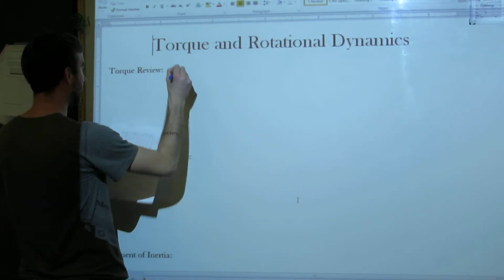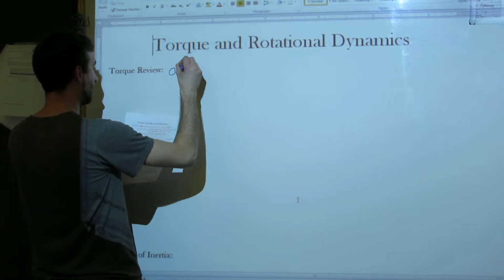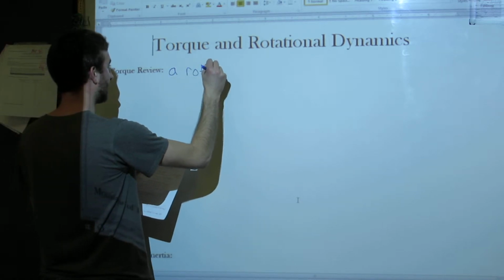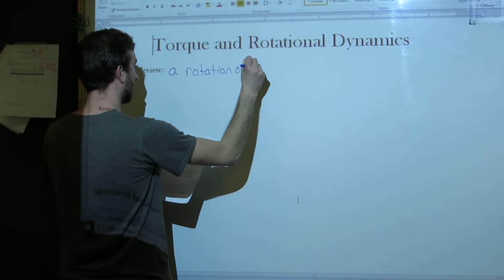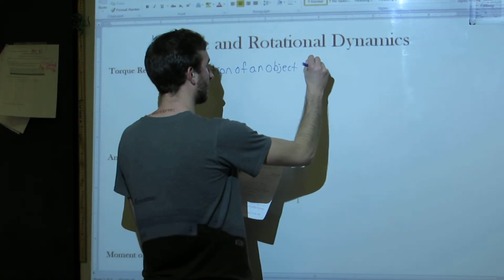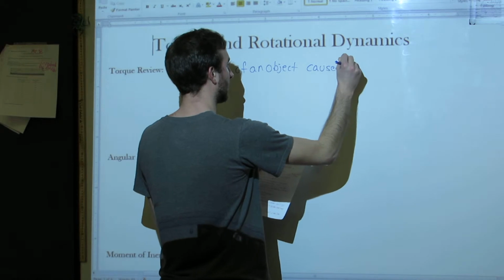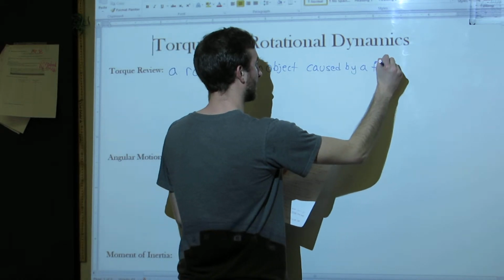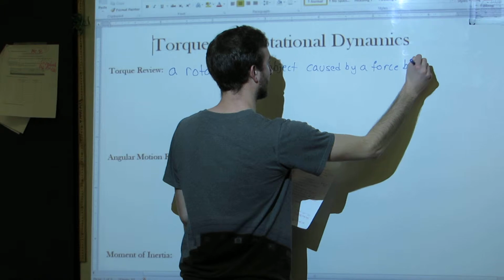You should know what this is. A torque is very simply a rotation of an object caused by a force being applied to it.